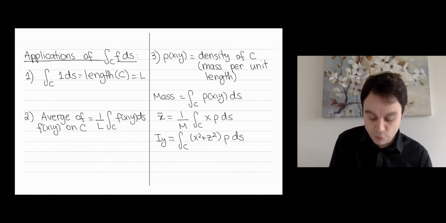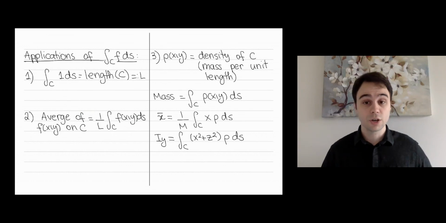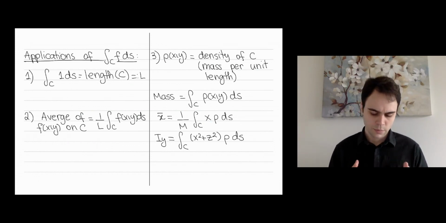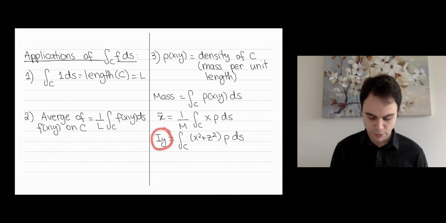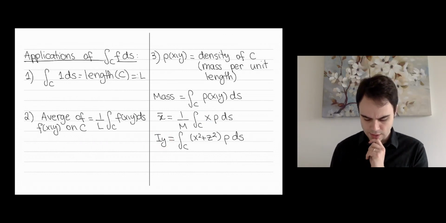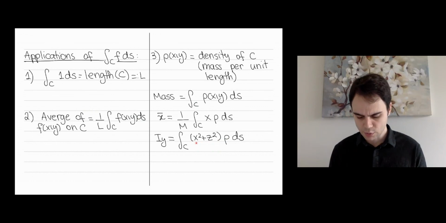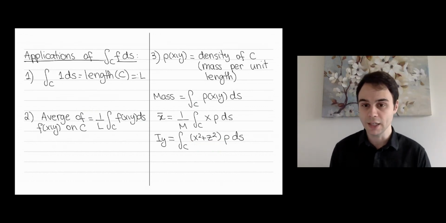And finally, you can compute the moment of inertia of the curve with respect to any axis. It's easiest to compute these moments around the coordinate axes. For example, the inertia about the y-axis: you integrate over this curve the distance from the y-axis squared, which is x squared plus z squared for any point in 3D space.